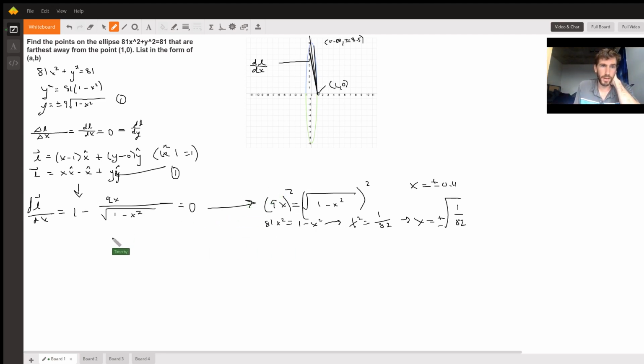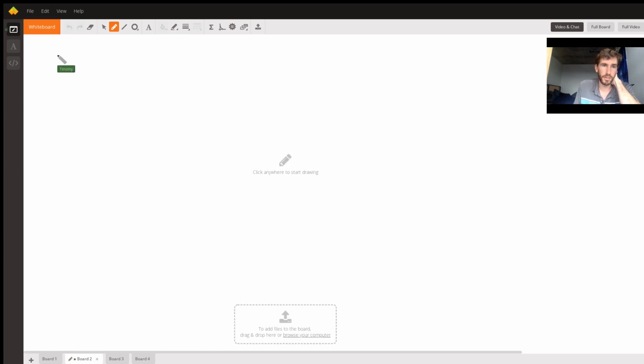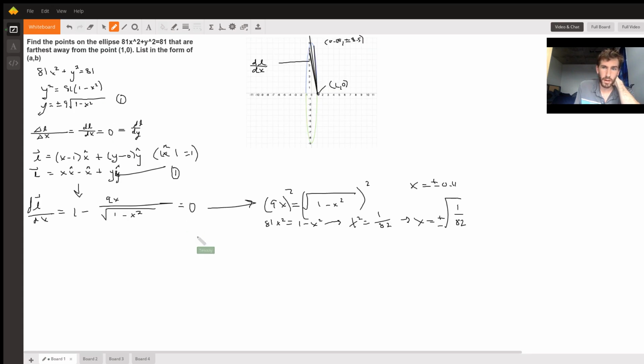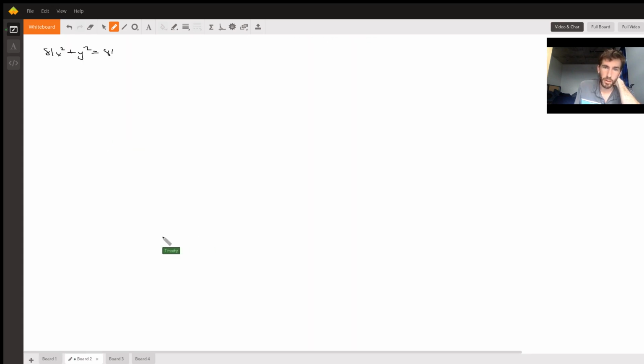So just to the next one, what we can do is take our original equation, which was 81x squared plus y squared equals 81. And we can just leave the x in the 1 over 82 format, the square root of 1 over 82, right? Yeah, it's the square root of 1 over 82.